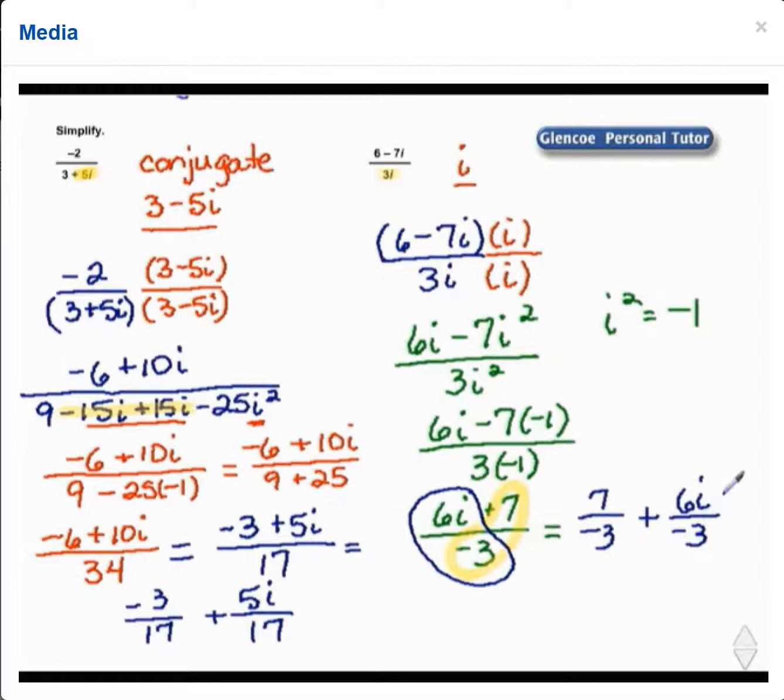And we can simplify this fraction here. So now we have negative 7 over 3. And then 6 divided by negative 3 is negative 2i.